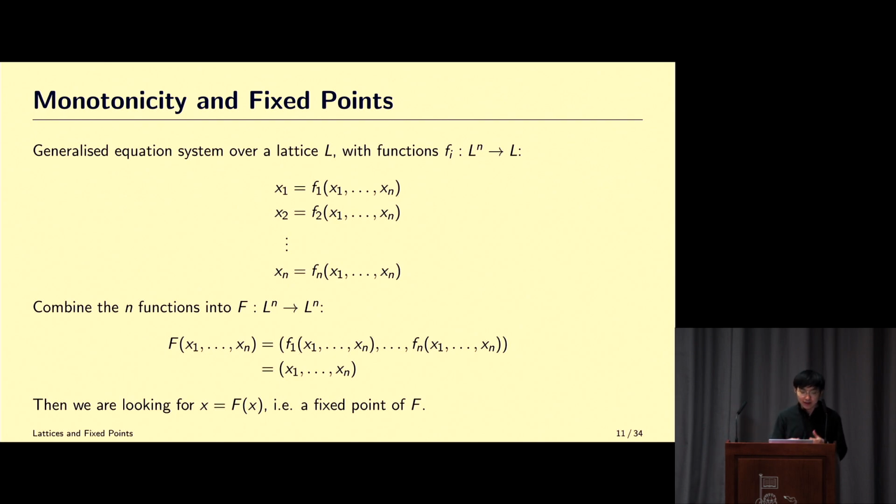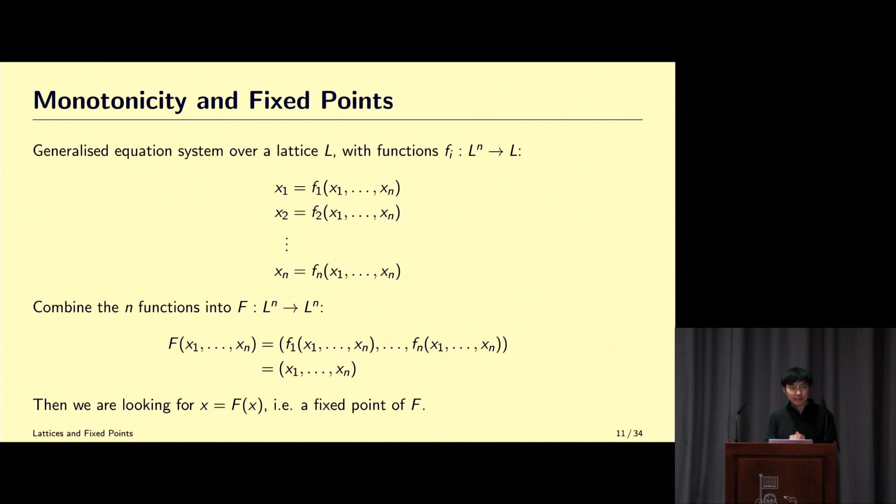We can combine these functions into one massive function F that takes in x1 to xn, and this big F just applies all of the little f's to x1 to xn, and because of what we have above, that reduces to x1 to xn. So this becomes a fixed point problem: we're just solving for x equals f of x.